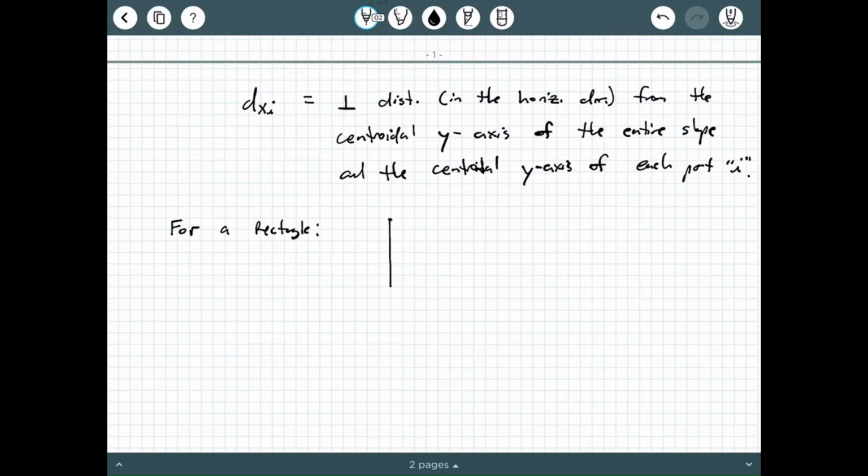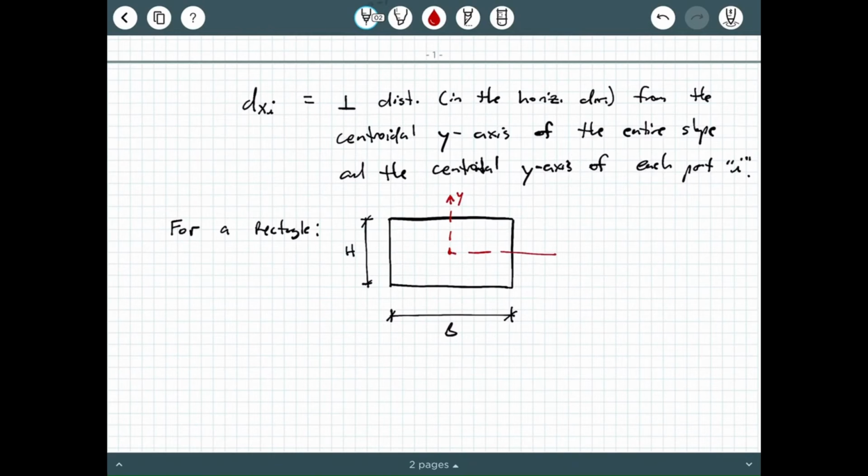rectangle, and let's draw a rectangle out. Let's say that the rectangle has a base of b and a height of h, and remember, we're talking about centroidal axes now. We've got a set of centroidal axes x and y.